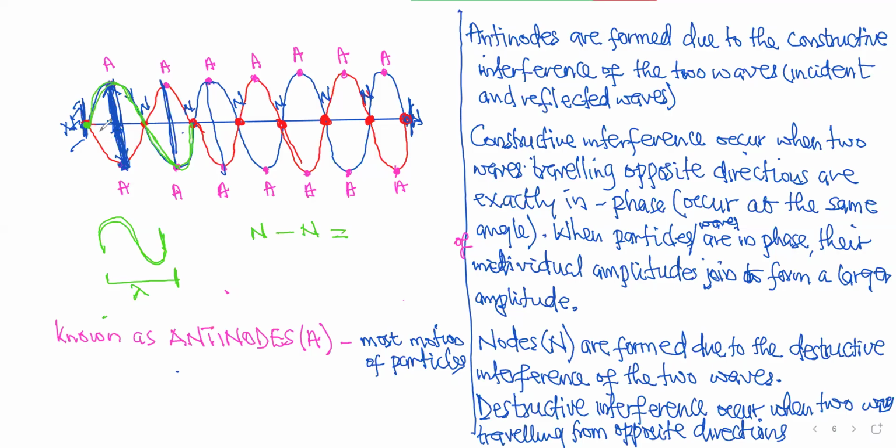If the wavelength of a full wave is equal to lambda, what will be the wavelength of two successive nodes, from node to node? Can somebody help? The distance between two successive nodes in terms of wavelength.